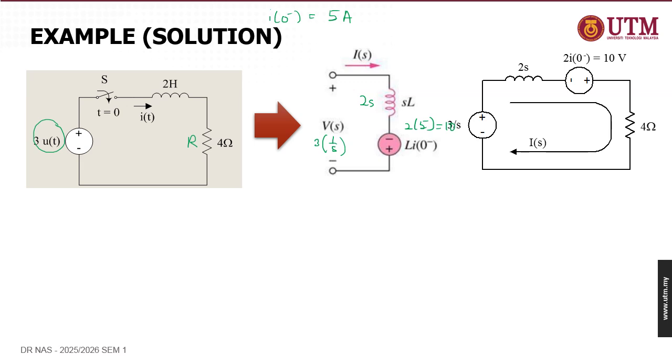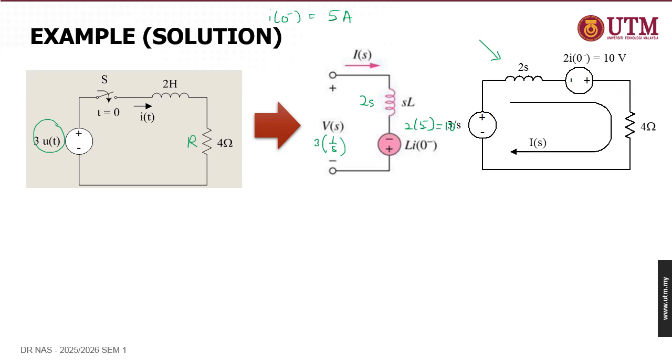The source is 3 over S, and then you have the series inductor with additional voltage source, and then you have the resistor. Then you can solve for I(s). You need to represent the Laplace transform equivalent circuit, and that's where marks are allocated for your sketching.